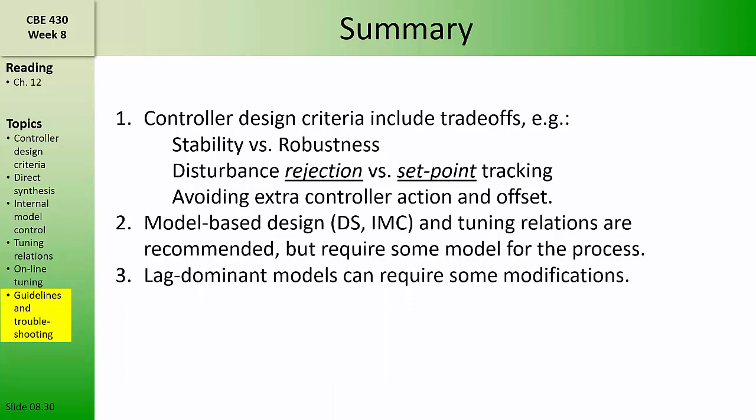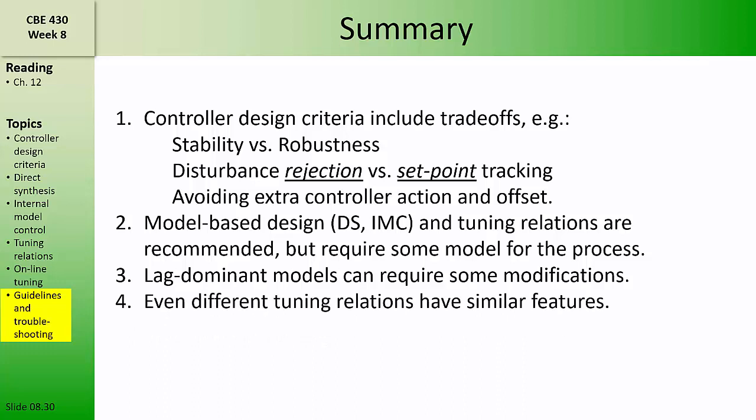When the direct synthesis or IMC methods are used to define controller tuning parameters for lag-dominant models, they sometimes need to be modified. We talked about using the integral approximation and the Skogestad modification of the IMC method. Although we have many different tuning relations that are introduced in this chapter, they have some similar features, such as calculating a gain that's in general inversely proportional to the gains of the other elements of the control loop.